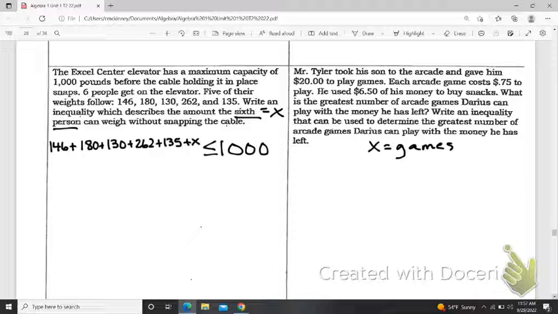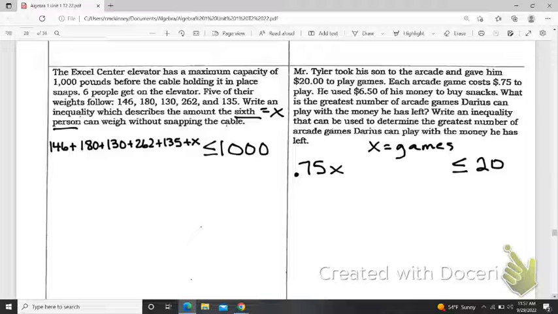And so at this point, each game is 75 cents. We have a $20 budget, right? That's the total that we're allowed to spend. We need to stay less than or equal to that $20. You can put 0.00, but since they're zeros, we don't have to.